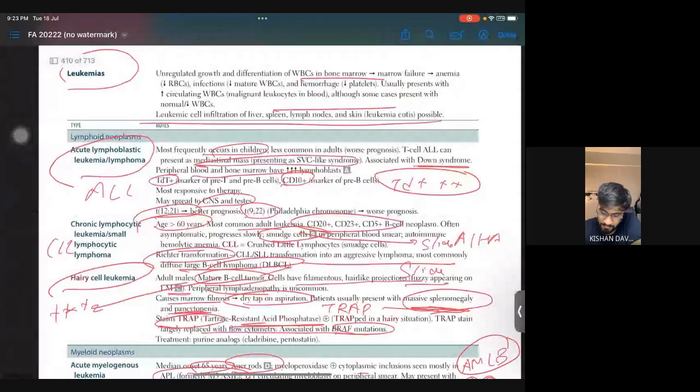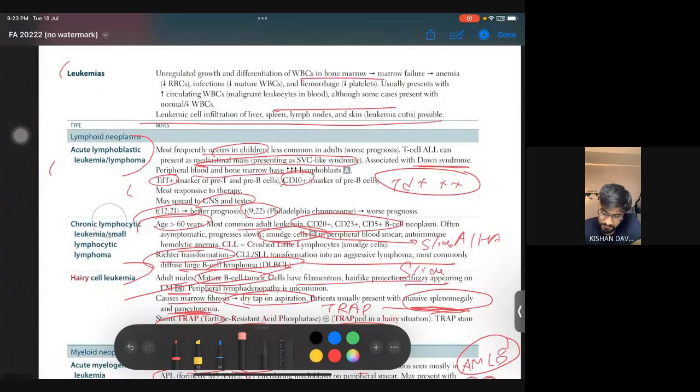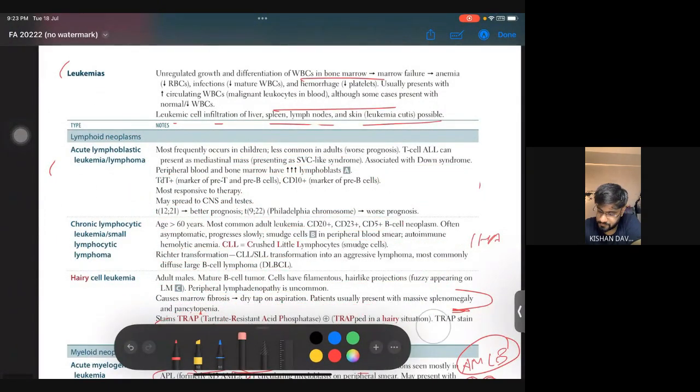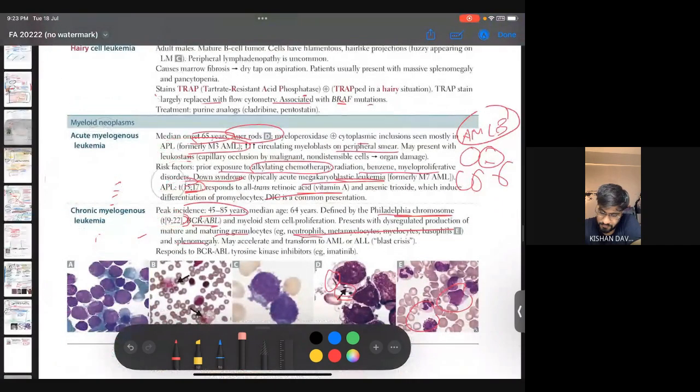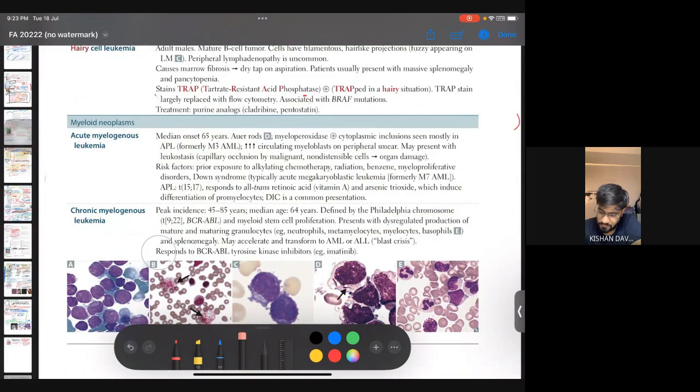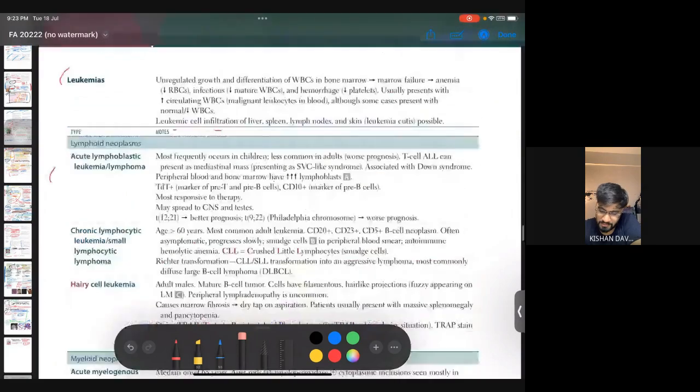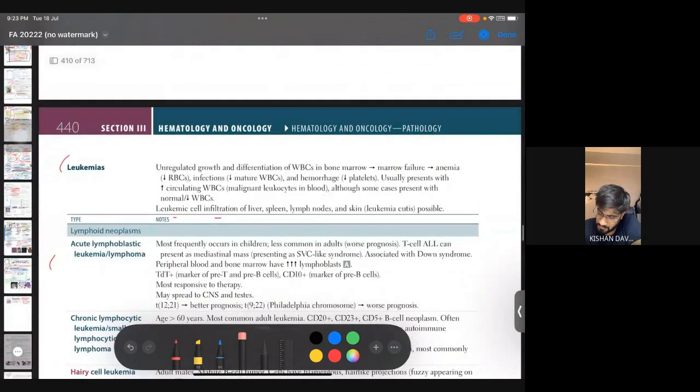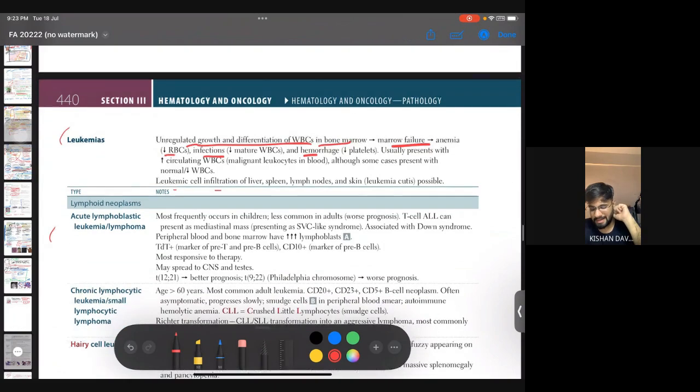Let's start with leukemias. There is unregulated growth and differentiation of WBCs in the bone marrow, leading to marrow failure, anemia, infection, and hemorrhage. Everything will occur over here. Now let's skip this and come to the first part.